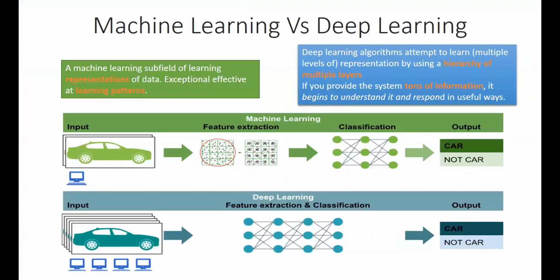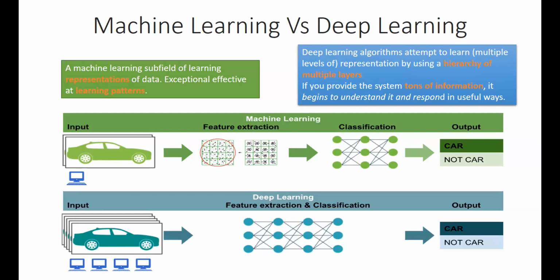So this is how you can compare machine learning versus deep learning. In machine learning, for example, suppose there is a car and the objective is to develop a model which can classify whether the given object is a car or not.